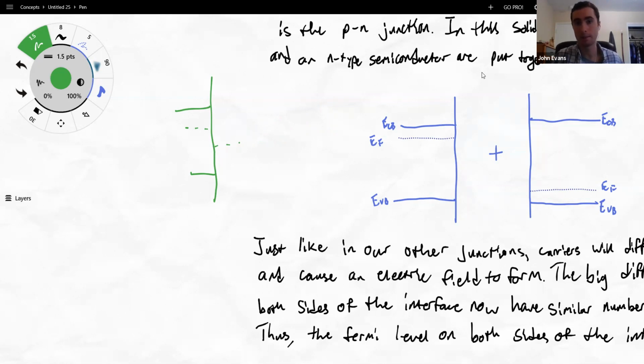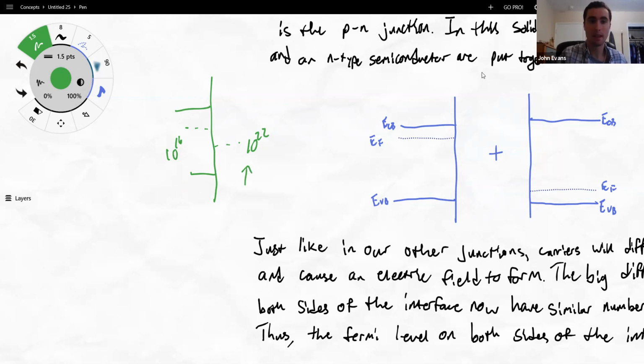If you were looking at a semiconductor metal contact, you're comparing a dopant concentration of like 10 to the 16 maybe to a metal concentration of conduction band states that's like 10 to the 22. So again, we're talking like 10 to the 6, so like 1,000,000 times more states over here than over here.